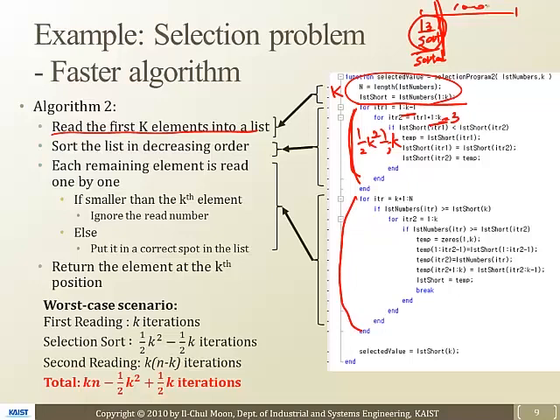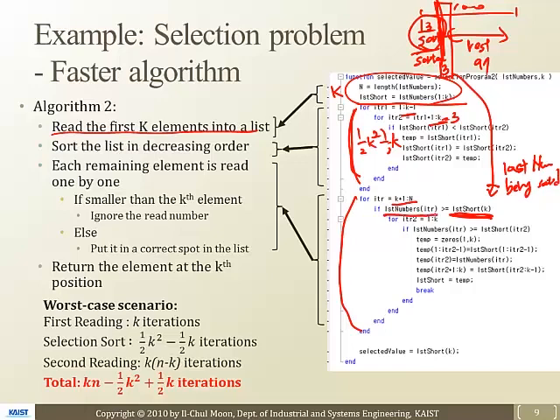Instead of sorting this 100 total, we are going to sort only the first k numbers, and then for the rest of these numbers, the 97 numbers, we are going to see that these first 3 numbers are sorted, and the third number is the last number being sorted, right?